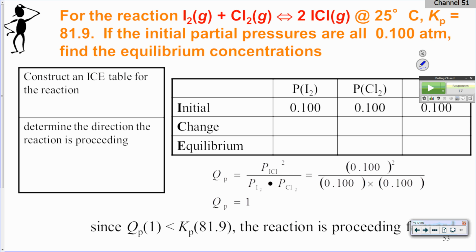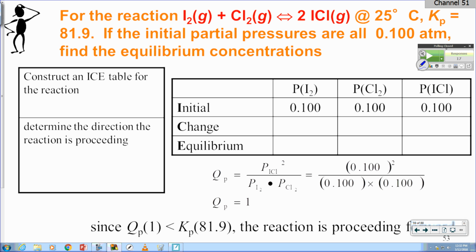Okay, so on this one, we're going to work it with pressures instead of concentrations, and we've got K sub P given to us. And we're going to solve this whole thing in terms of K sub P. So I2 plus Cl2 yields 2 ICl.